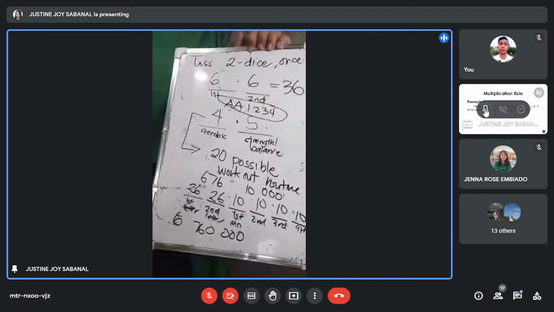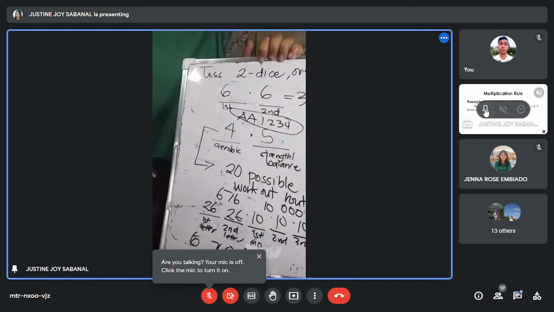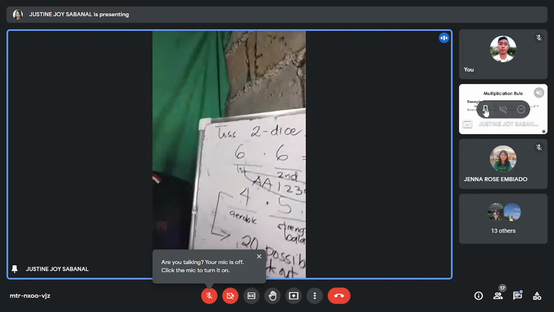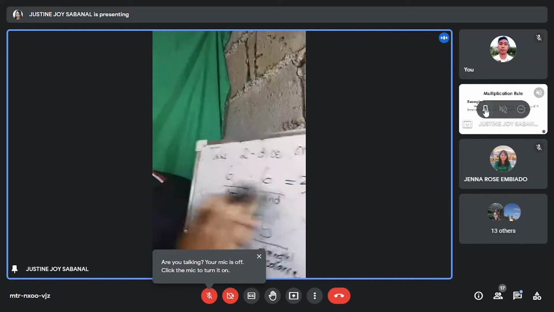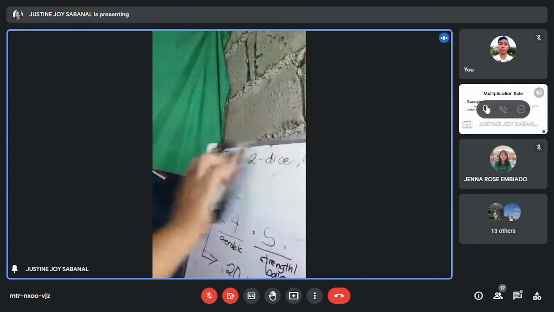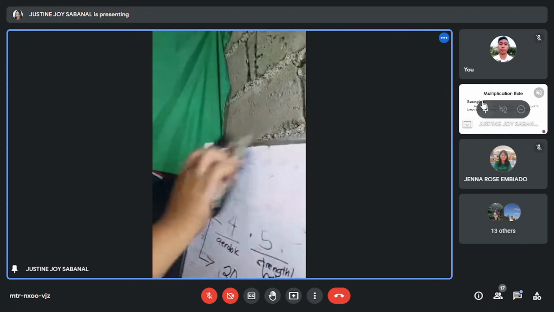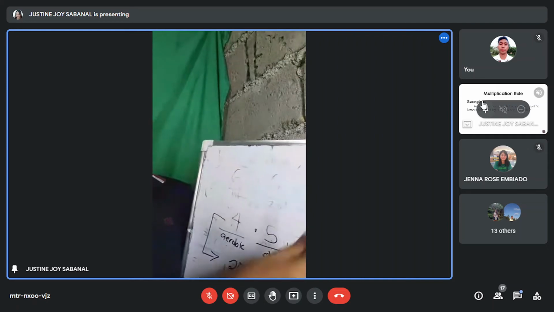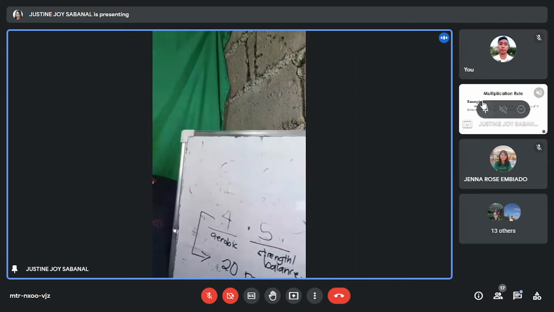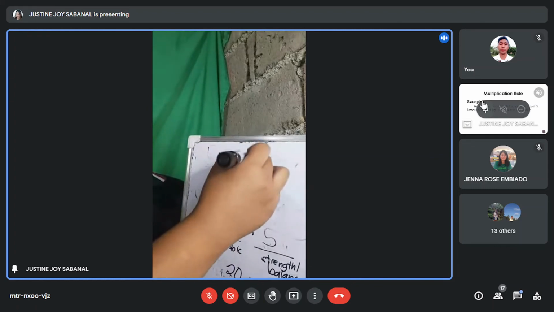So, try nating lagyan to ng restriction. So, same concept, same example. Consider lang natin na may restrictions sila. So, let's say na yung license plate ay hindi pwedeng magkaroon ng repetition of letters and numbers.